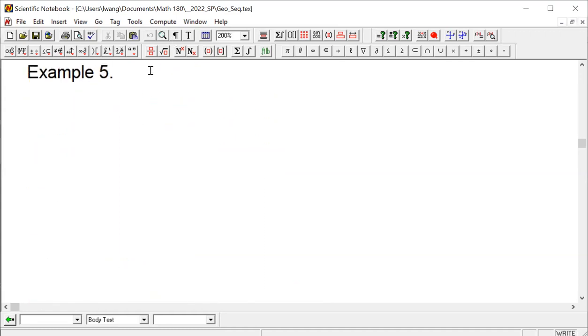It asks us to find a sub n, the general term, and a sub 100, the 100th term.